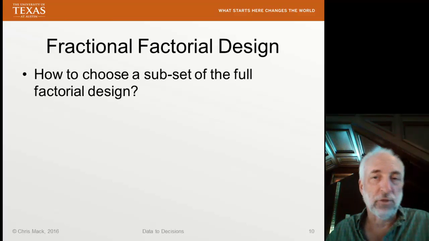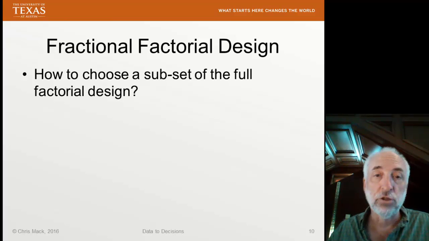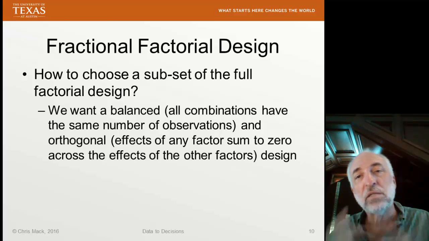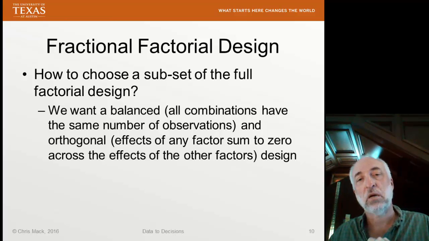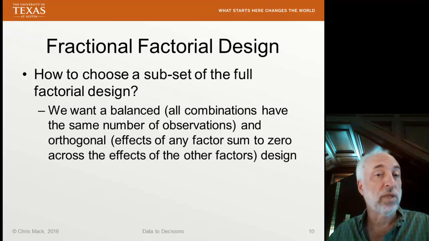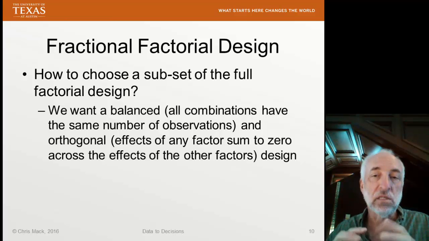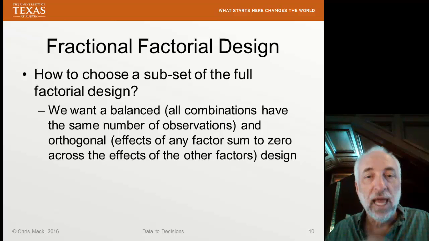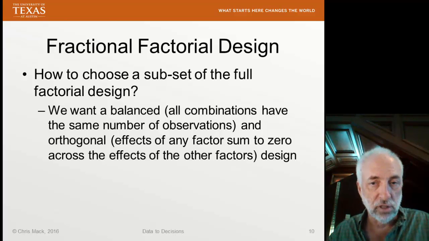The first thing, of course, if we're going to choose a subset of the full factorial design is how do we choose it? We want some properties for this design. We want the design to be balanced. We want it to be orthogonal. Balance means every combination of levels have the same number of observations.